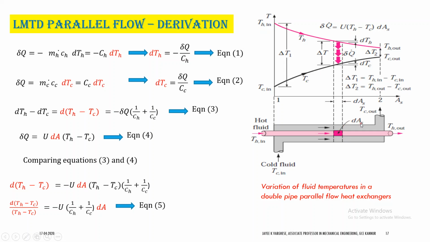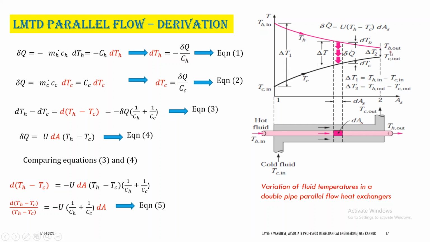this figure is taken from one textbook where they have slight difference in the notations. They are using suffix s for the surface area, but in my presentation I am not using this suffix s for the surface area.